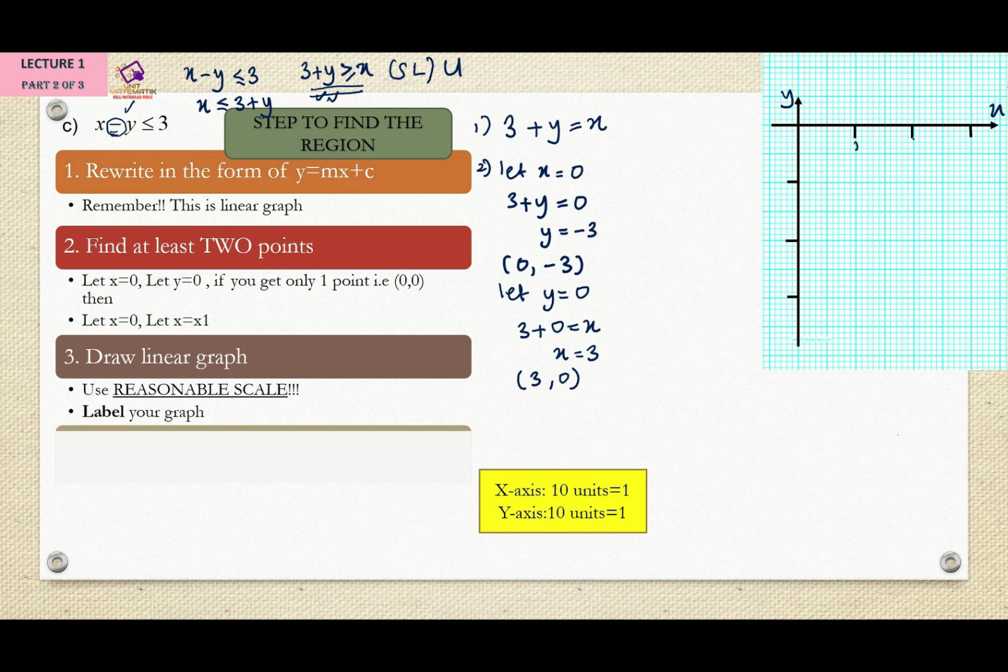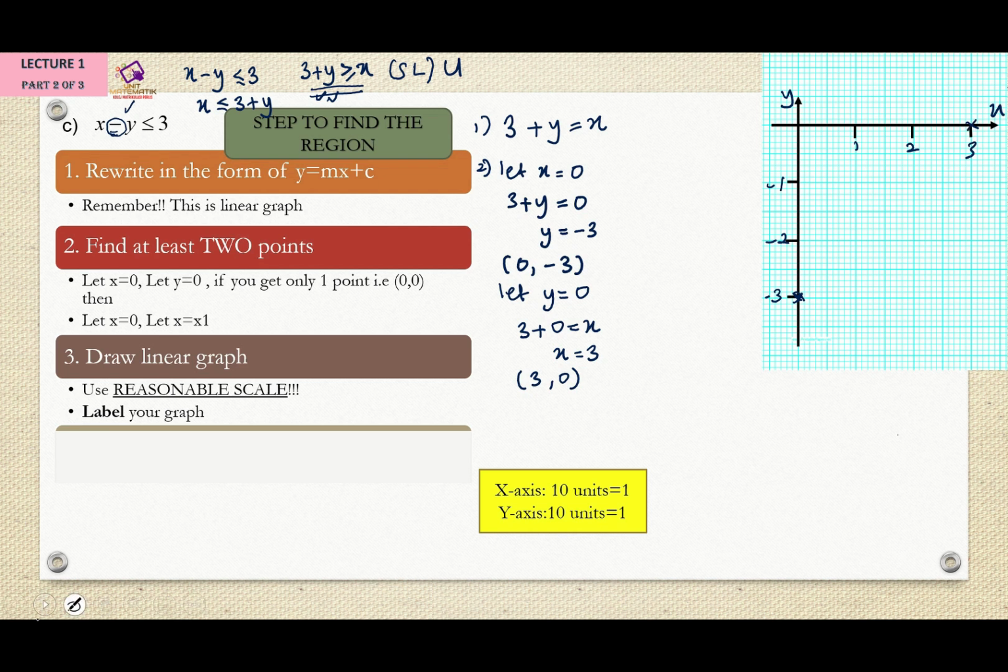Your scale is 1, 2, 3. For the y-axis, here we have negative 1, negative 2, negative 3. Then mark your points. The first point, 0, negative 3, is here. And then 3, 0.